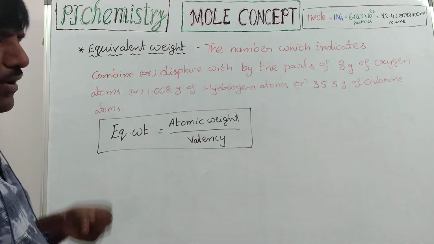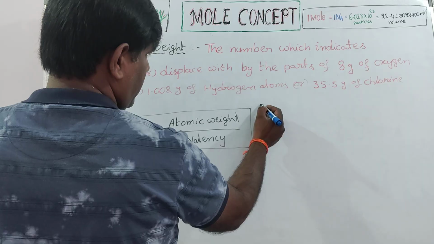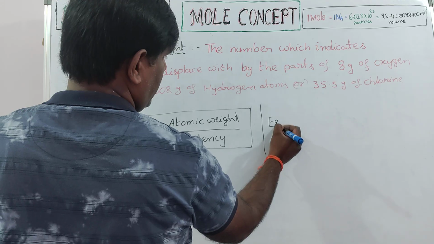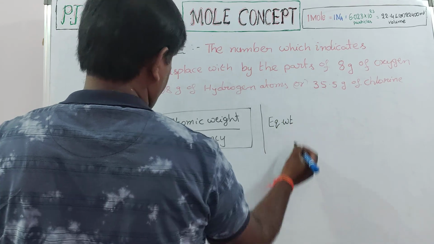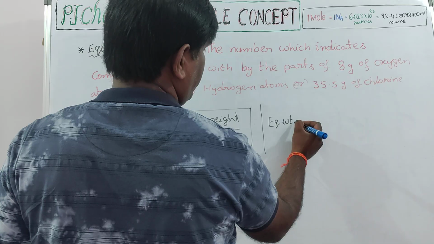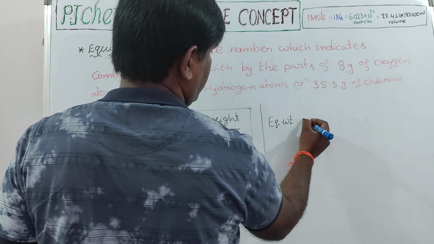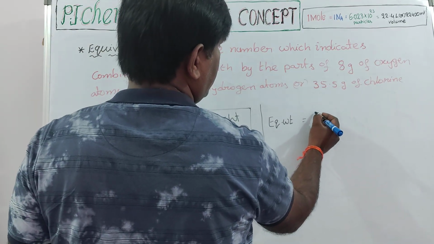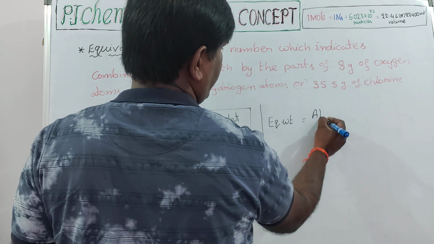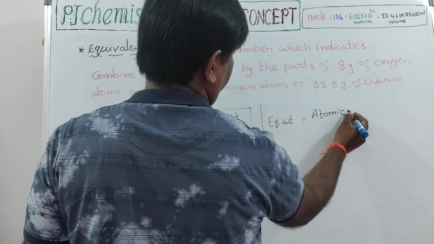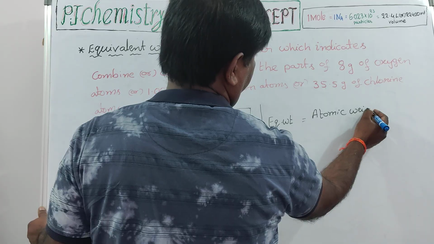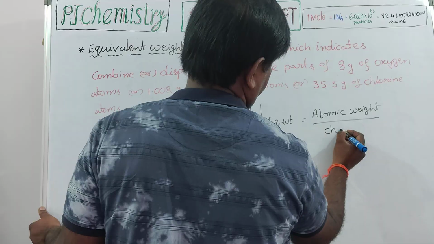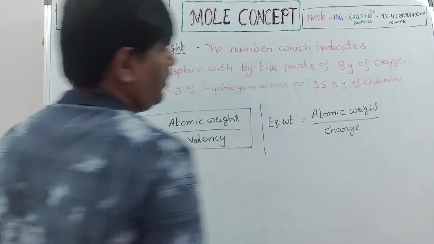If it is an ion, the equivalent weight of the ion is the ion's atomic weight divided by its charge.